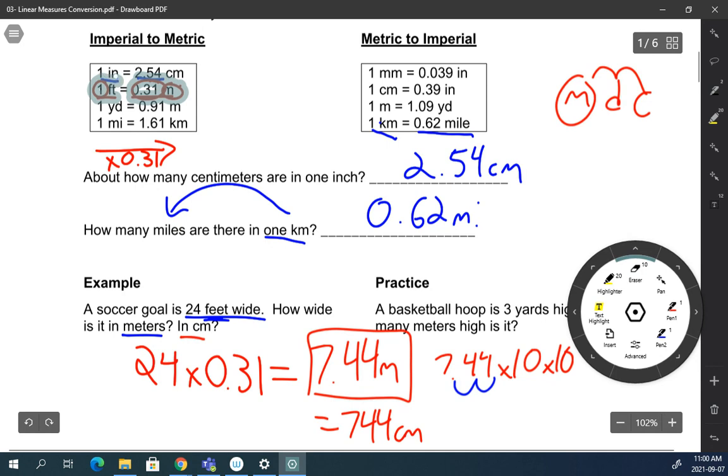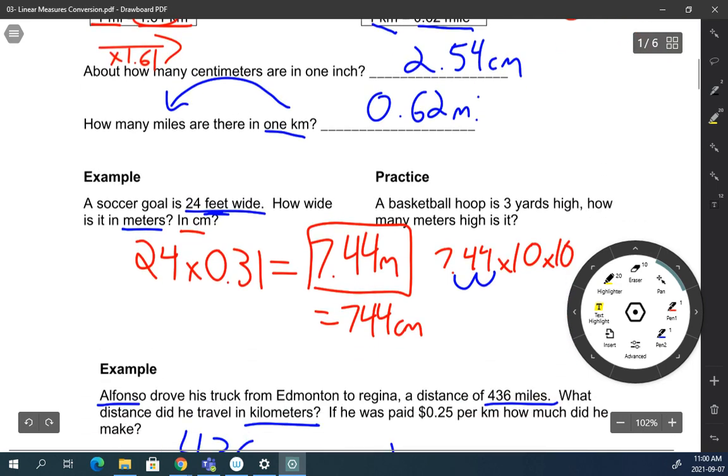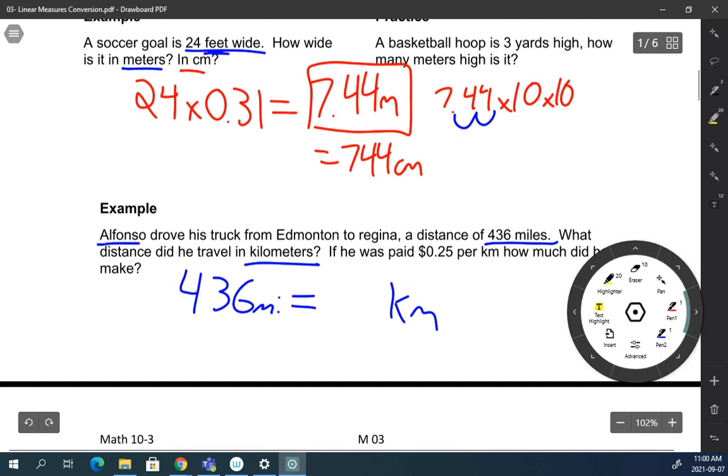We're starting with miles and going to kilometers, so all we're doing is multiplying by 1.61. So our answer is 436 times 1.61. That will tell us how many kilometers it is.